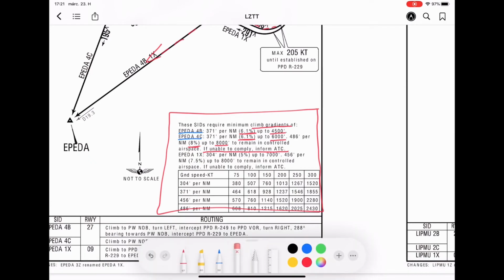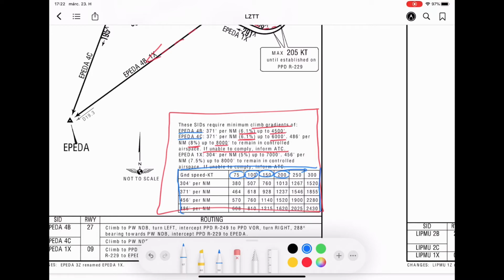And because pilots are, generally speaking, not math geniuses, for better or worse, you can also see that they give you this table right here, which gives you the ground speed in knots for 75, 100, 150, 200, and so on and so forth. And it's giving you the requirements, the 304 foot per nautical mile.